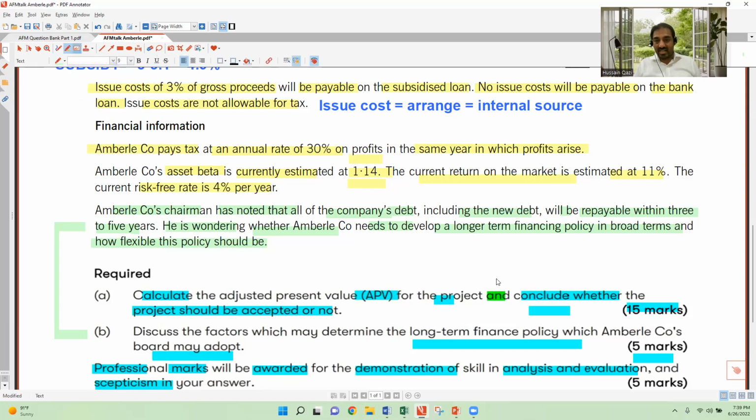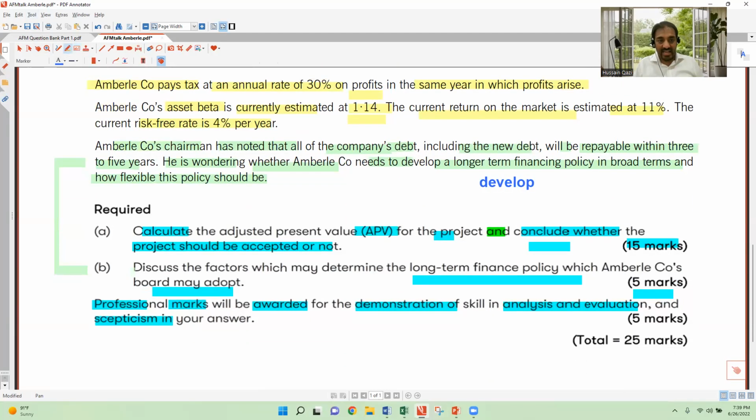So actually they are concerned about developing the financing policy to match the repayment schedule. And for this, the question asks to discuss the factors which may determine the long-term financing policy which the Amberle company board may adopt.